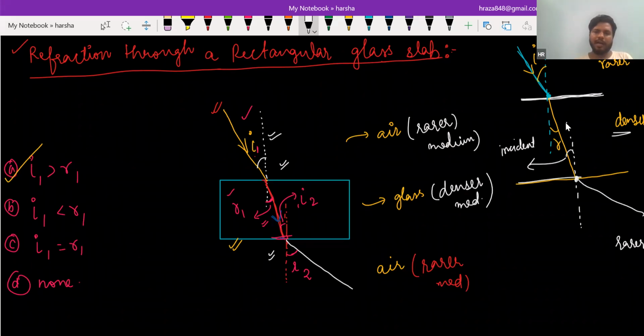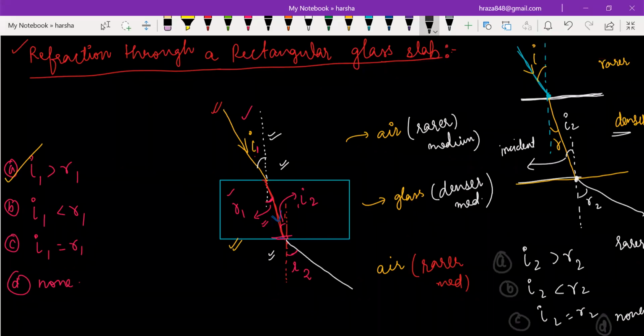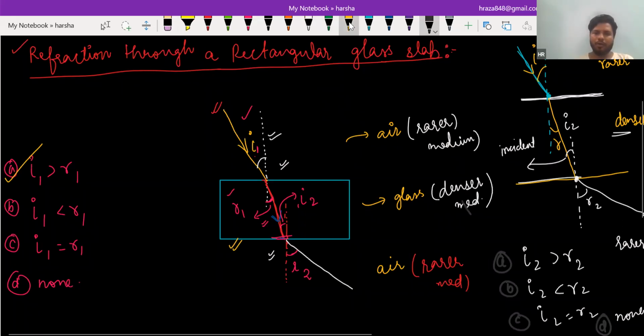So if it is I2 and this is R2, can you tell me which of the following options is correct? Sir, I2 is less than R2. I2 is less than R2, or R2 is greater than I2, right? Yes, sir.